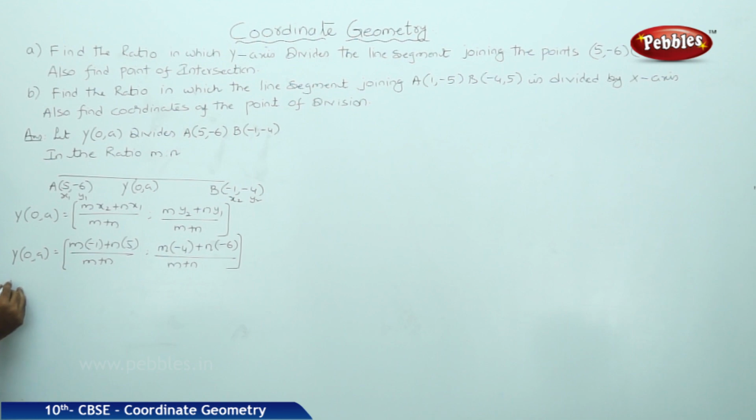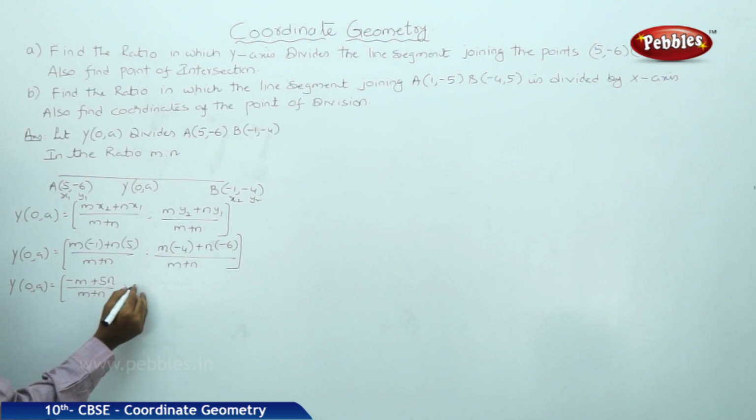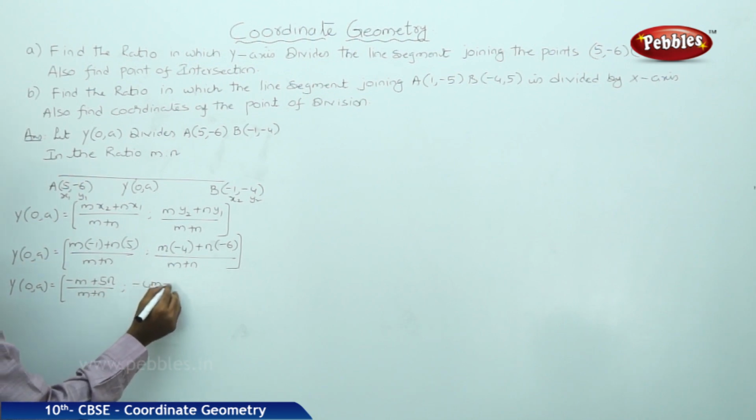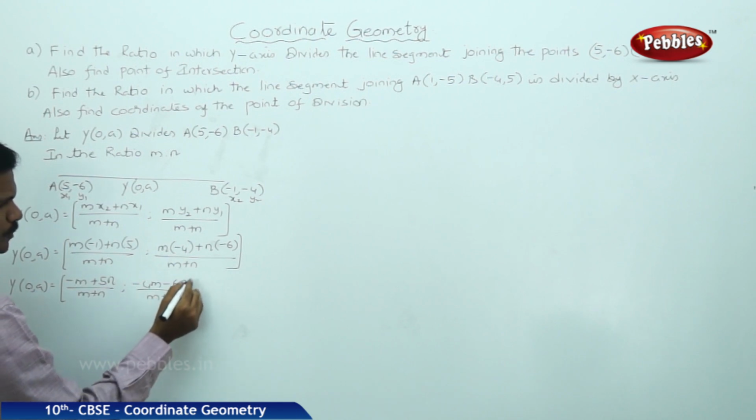That is Y of (0 comma a) is equal to (minus m plus 5n) by (m plus n), (minus 4m minus 6n) by (m plus n).